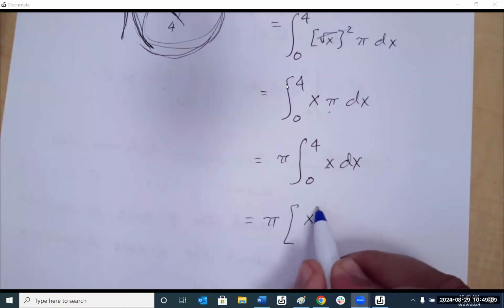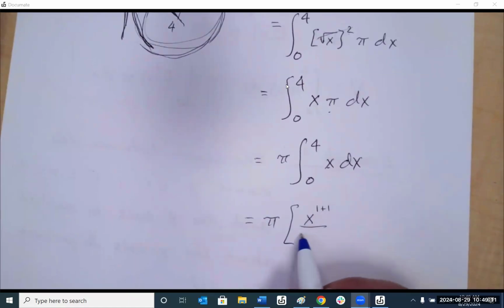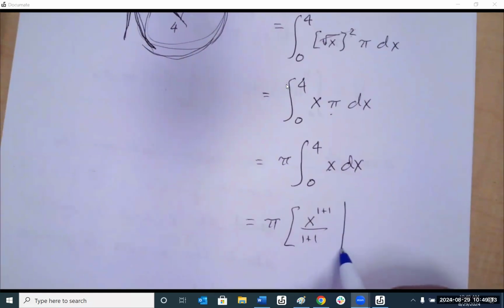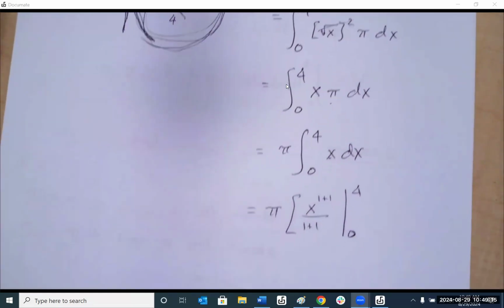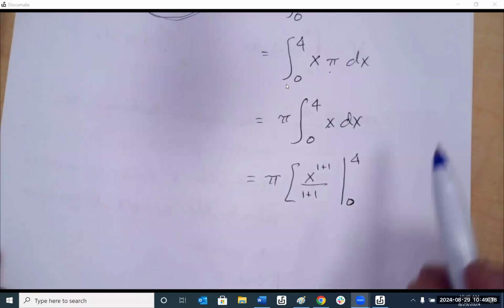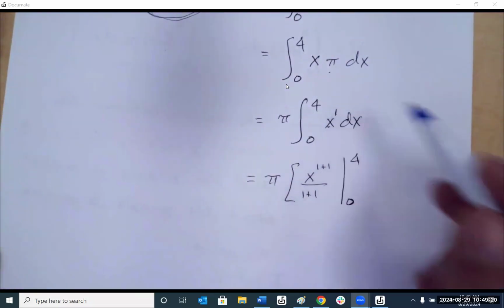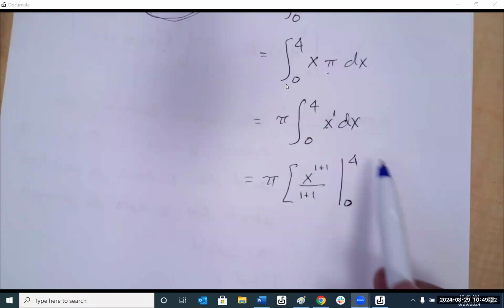So it's x to the 1 plus 1 over 1 plus 1, from 0 to 4, because what's the power of it already? It's 1. We add 1 and divide by n plus 1.